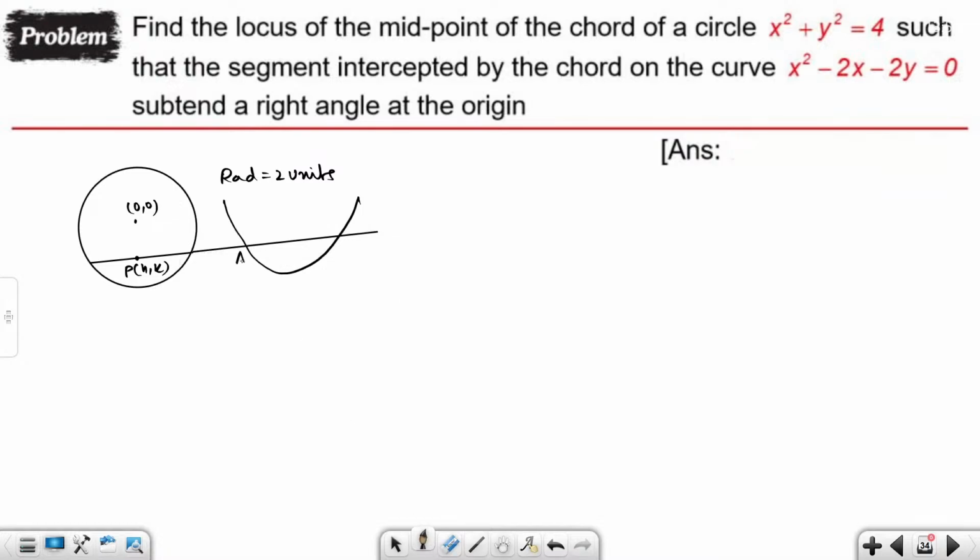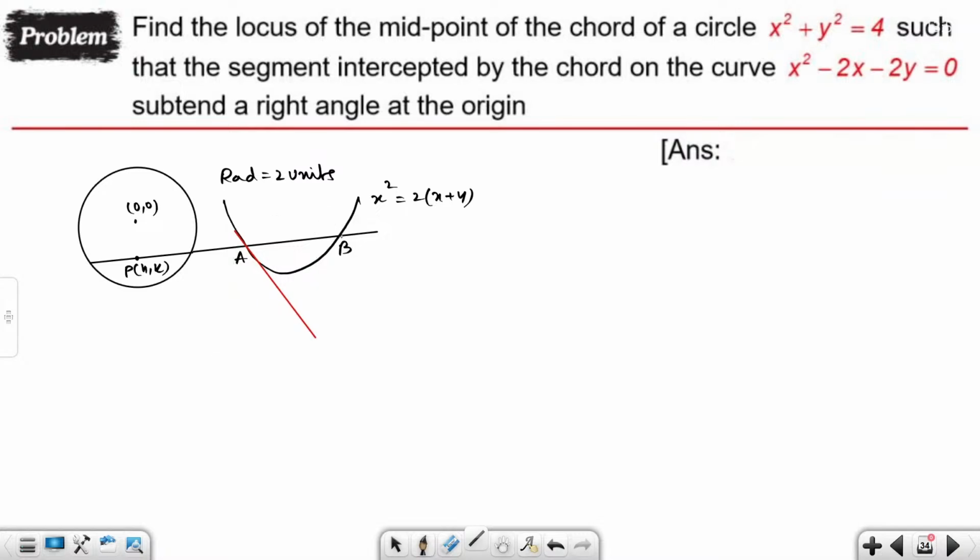Let us say the points be A and B. Now see the question what they have said. They have said that this segment intercepted by the chord on this curve, on which curve? x square equals 2 times x plus y. For this curve, this segment is subtending an angle of 90 degrees at the origin.